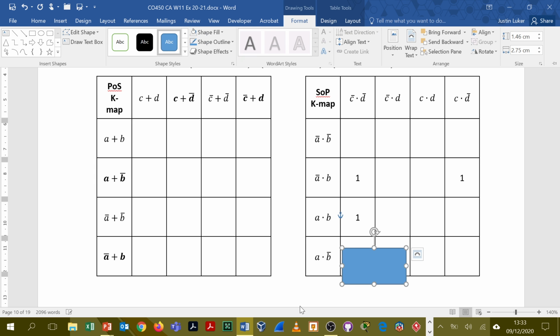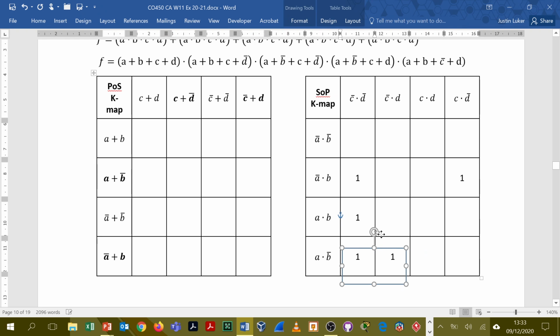That's one group, and we can then get another group of two with that one, combining it with this one. So that one and that one we can see as one group.